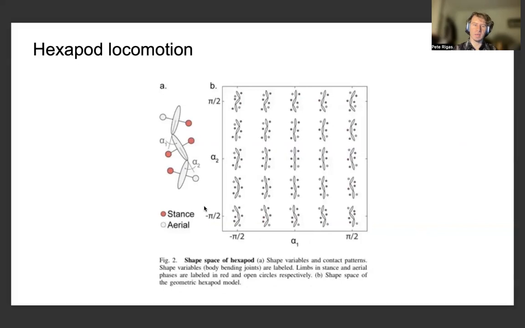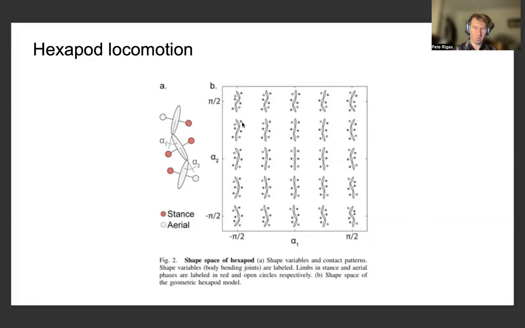Another figure that they provide gives more of a background into the hexapod locomotion that I have been alluding to and beginning to describe from the first figure given in their paper. In particular, they provide in this figure, in panel B, a shape space of the hexapod, which gives an example of the different configurations that the hexapod robot can assume when moving throughout an environment.